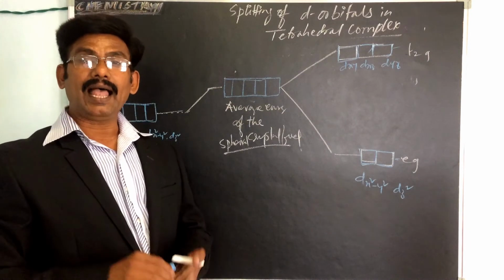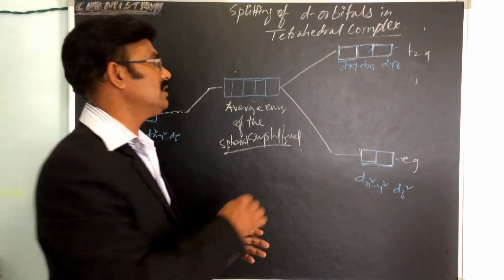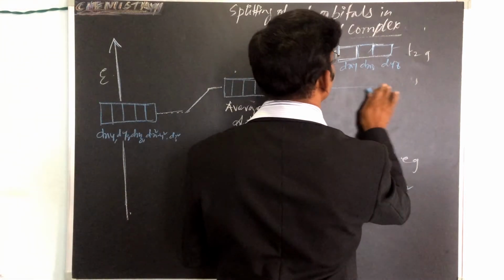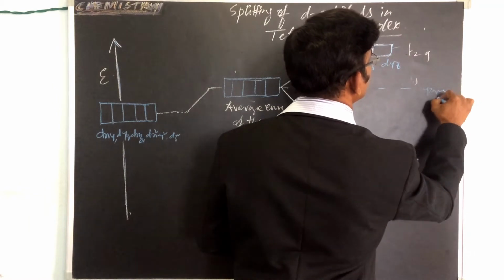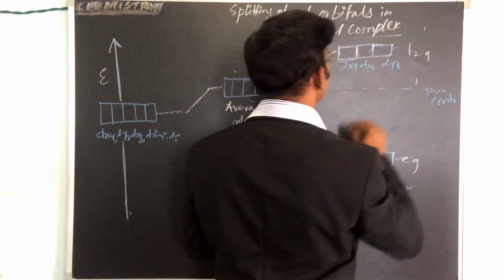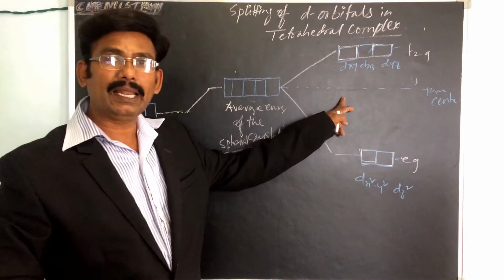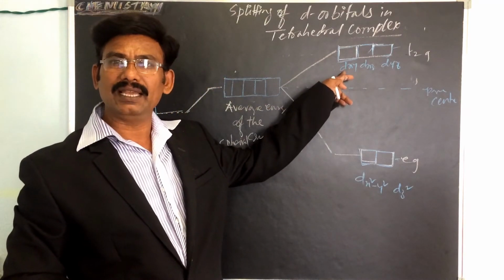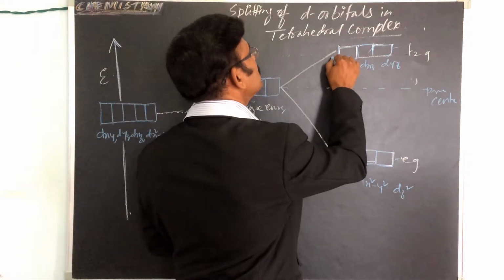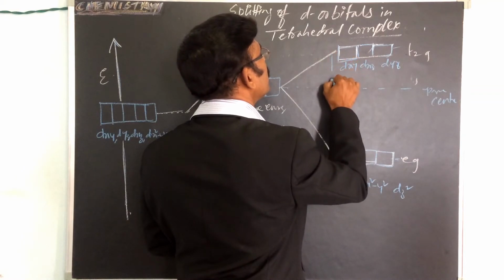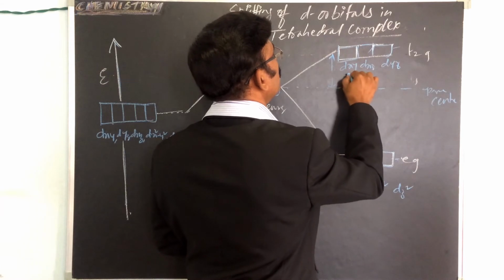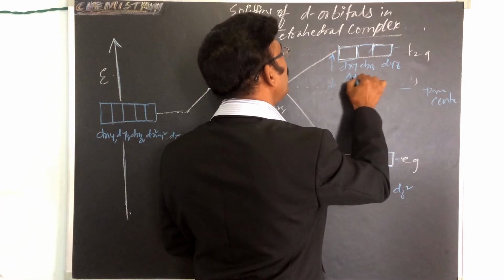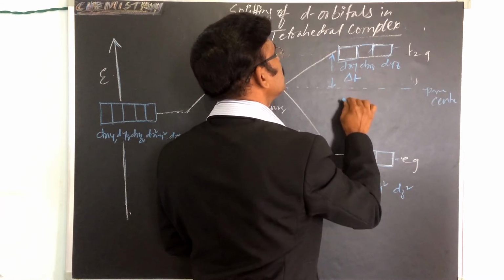Now the energy difference here, how much is there? This is the barycenter. From the barycenter to the T2g energy level, how much is there? Delta T is for tetrahedral, so delta is the energy.